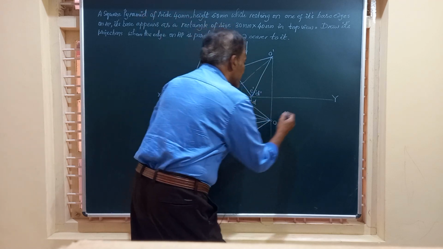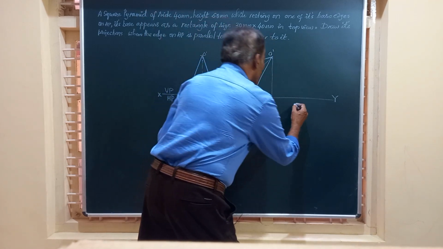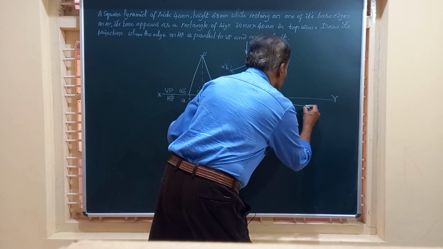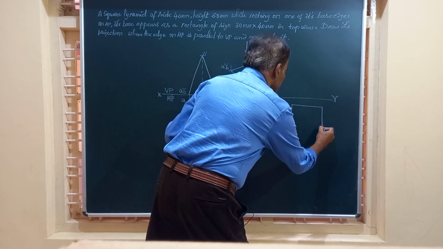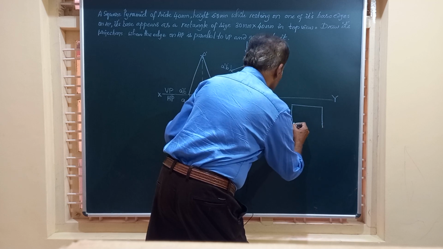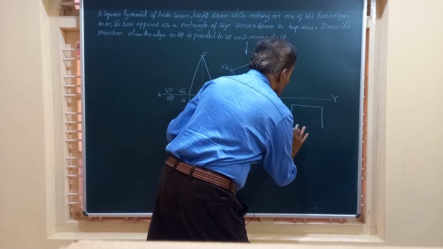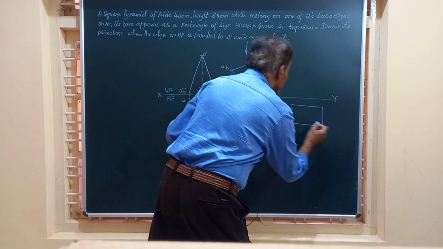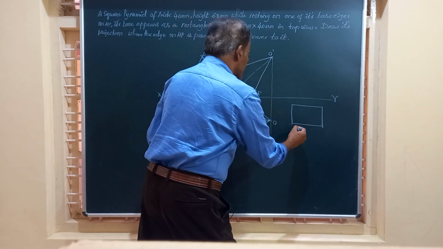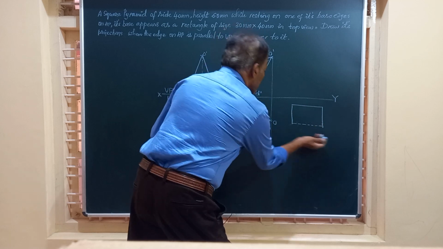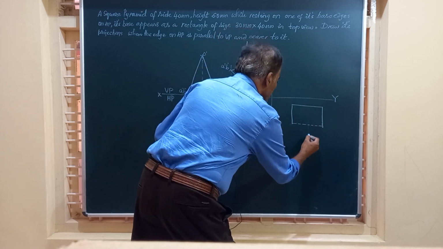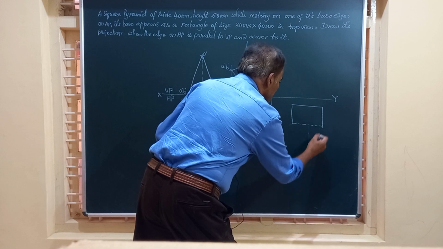So first let me construct that rectangle 40 by 30. This is 40 and this is going to be 30. And we can mark this. This is a dotted line. And friends, here we are going to have the vertex somewhere here.